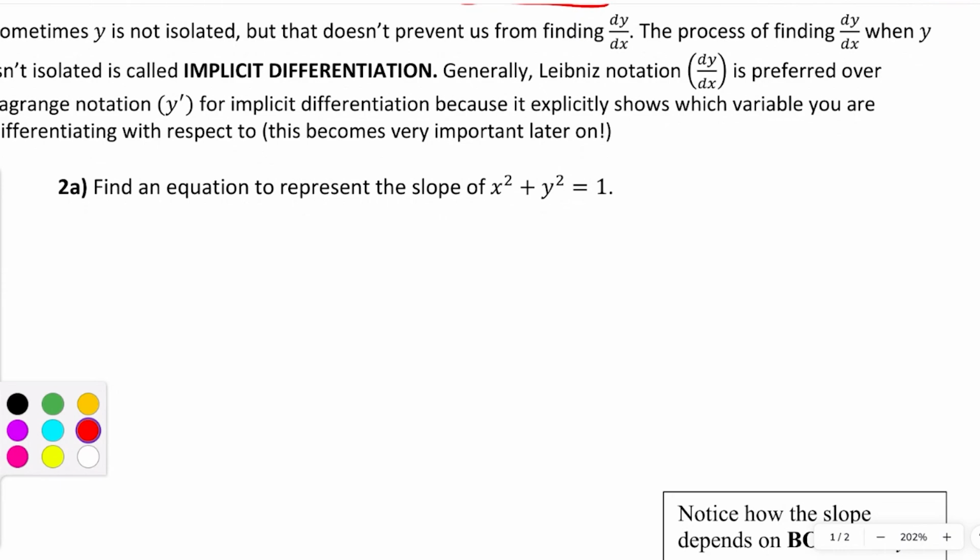Before we actually try to find that, I want you to think about what the graph of this equation looks like. x squared plus y squared equals 1. And it should be, once you see it, a little familiar. Give me an example of a point that could satisfy this equation, like an xy coordinate point.